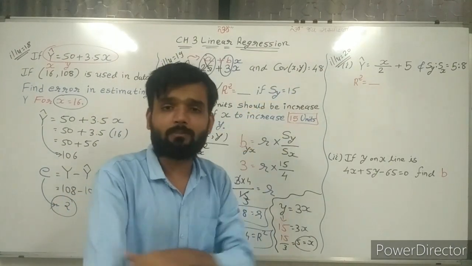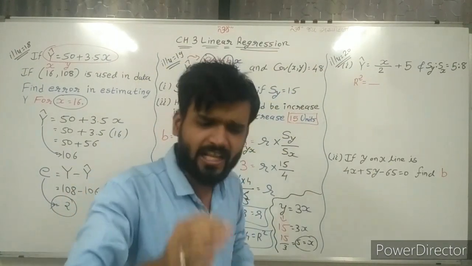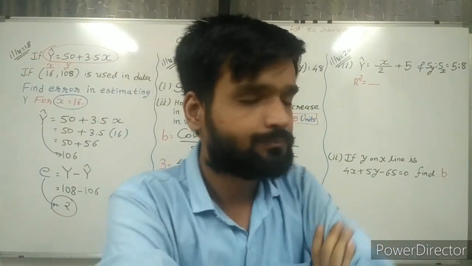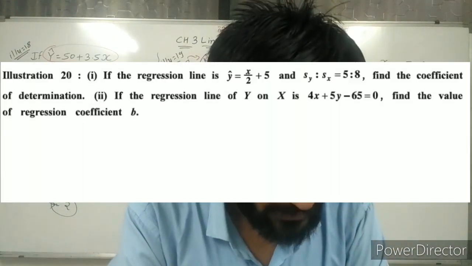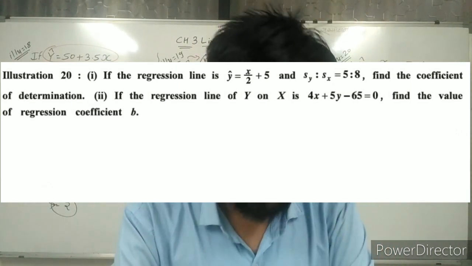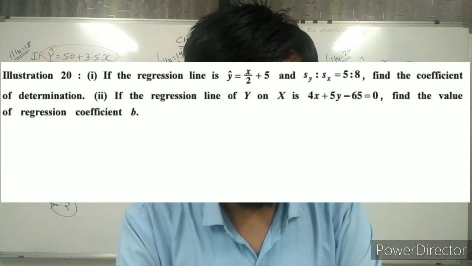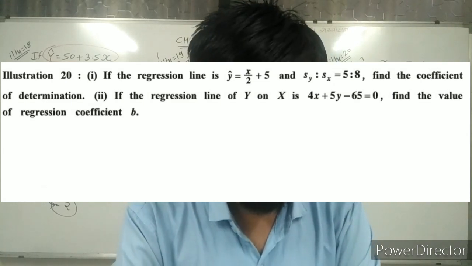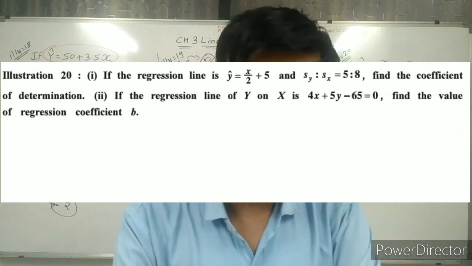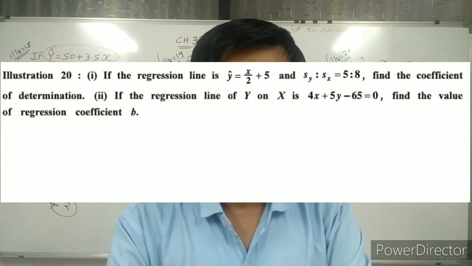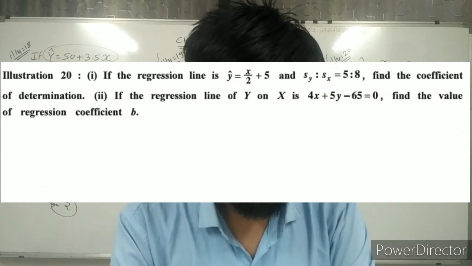Now, the last, illustration number 20. Again, I am reading that from the textbook, then after that doing it on the board. If the regression line is y cap is equal to x upon 2 plus 5 and Sy ratio Sx is equal to 5 ratio 8, find the coefficient of determination. This is the first question.